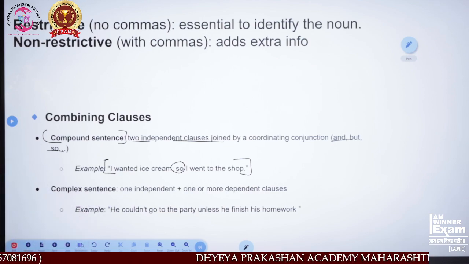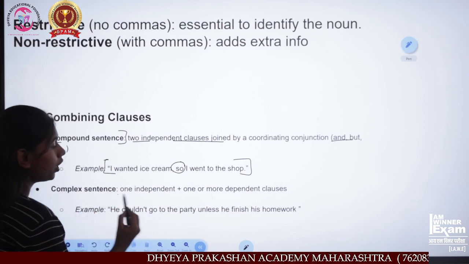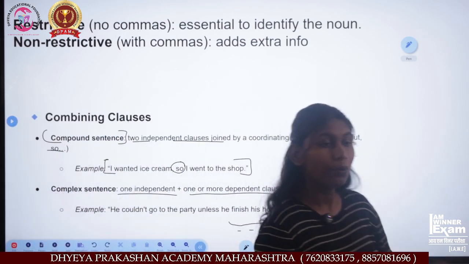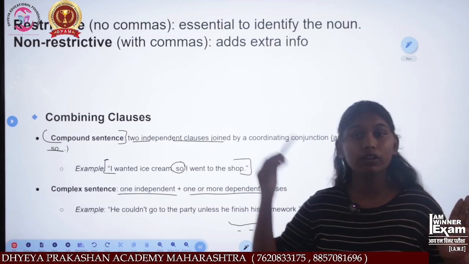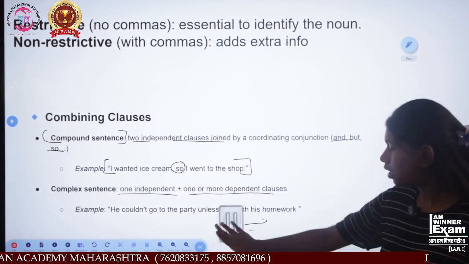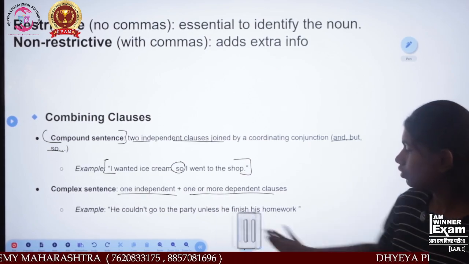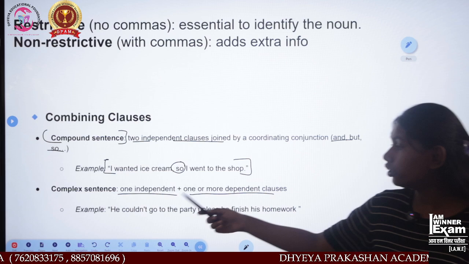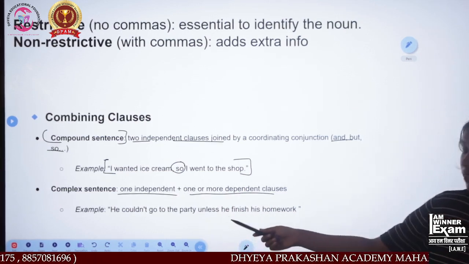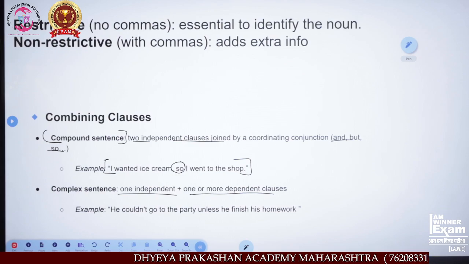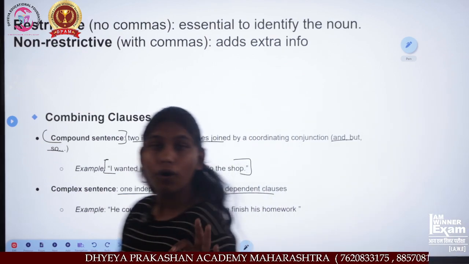Then complex sentences. Complex sentences means in this one independent and one more dependent clause is there. Now look at the example. He could not go to the party unless he finishes homework.